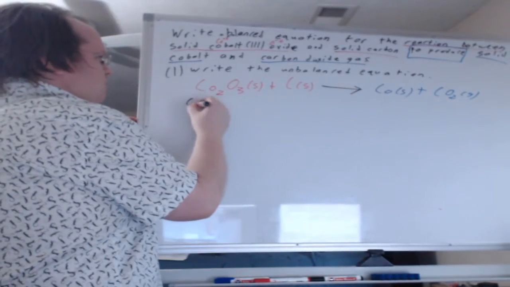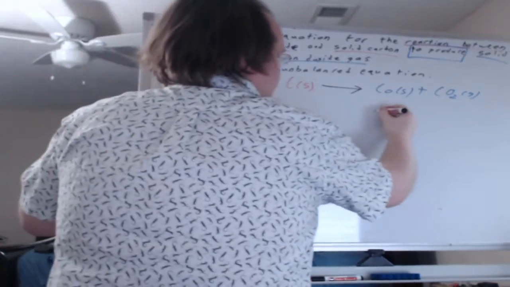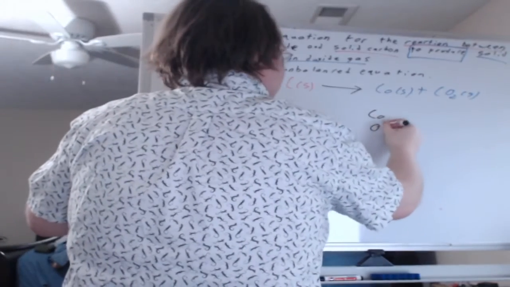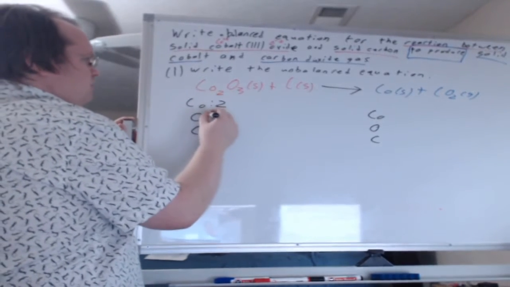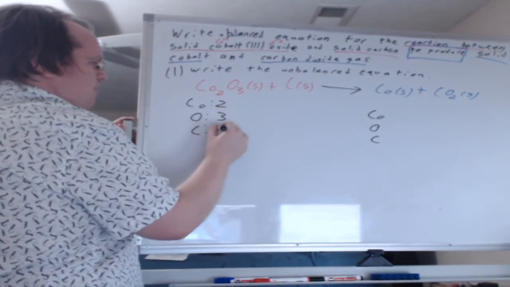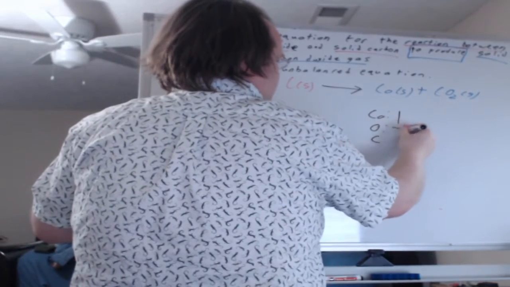So we have cobalt, oxygen, and carbon. And then do the same thing on the product side and keep them in the same order so they're easy to compare. So here I have 2 cobalts, 3 oxygens, 1 carbon. Over here I have 1 cobalt, 2 oxygens, 1 carbon.